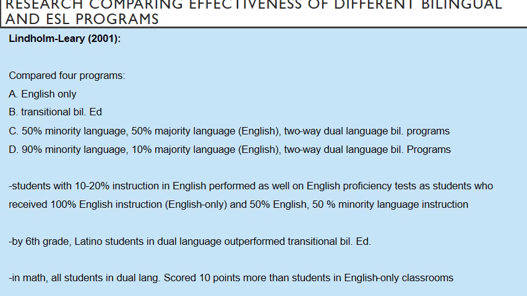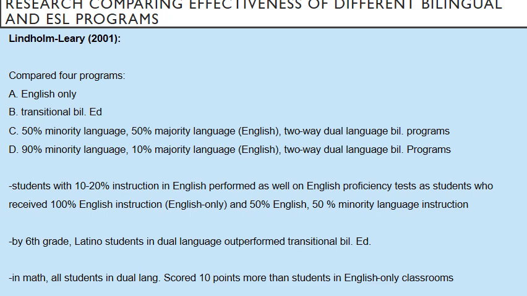Lindholm-Leary in 2001 compared 4 different programs: English-only programs, transitional bilingual education programs, where you quickly switch toward students' second language English, 50% minority language and 50% majority language English, which is called two-way dual language bilingual programs, and 90% minority language, 10% majority language dual language programs.